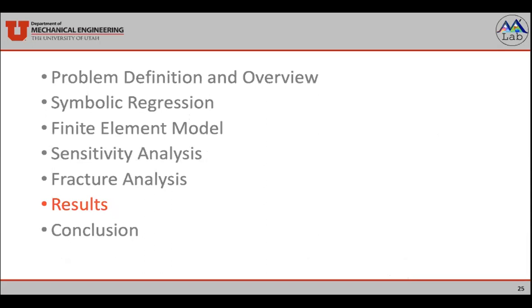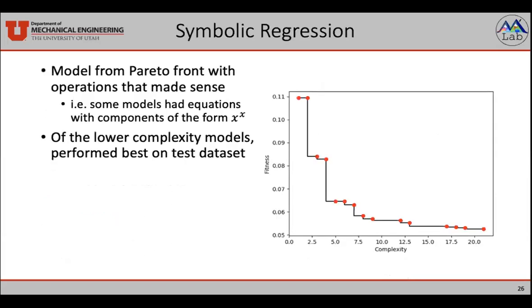So after training in symbolic regression for 400,000 generations using the data generated, we are given this Pareto front, similar to the one that we saw earlier.